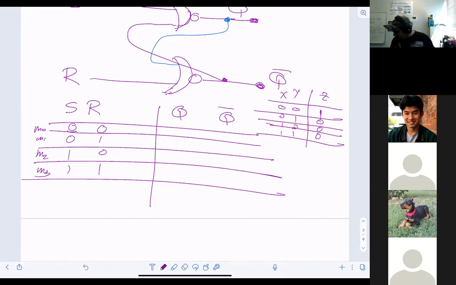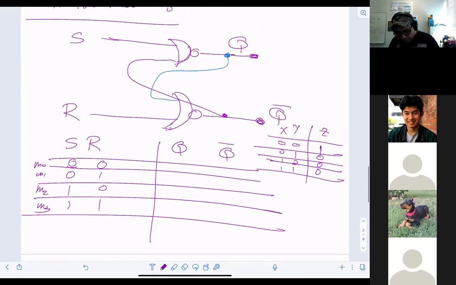Okay, now we're going to go into our table and see how we're going to play this, right? So let's flip with 1, 1. So basically here is 1, here is 1. And from the table I see here, if one of the inputs of the NOR gate is equal to 1, period, the output will be 0. Do you guys agree?